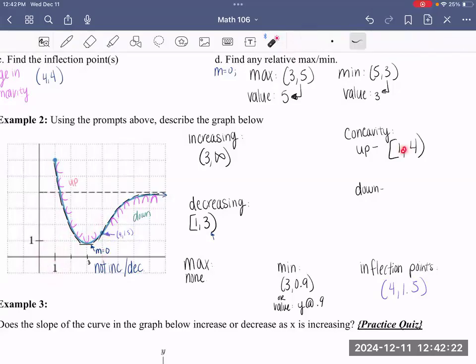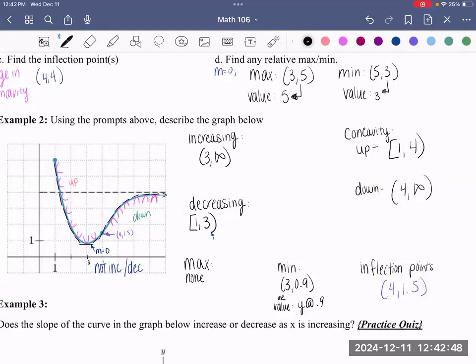However, 1 is going to be inclusive because we are around that value where we are concave up. And you'll notice at 4, we start to switch, so we're neither. Then we go down from 4, and the rest of our arc is down. Now, infinities never get brackets, they're always parentheses.